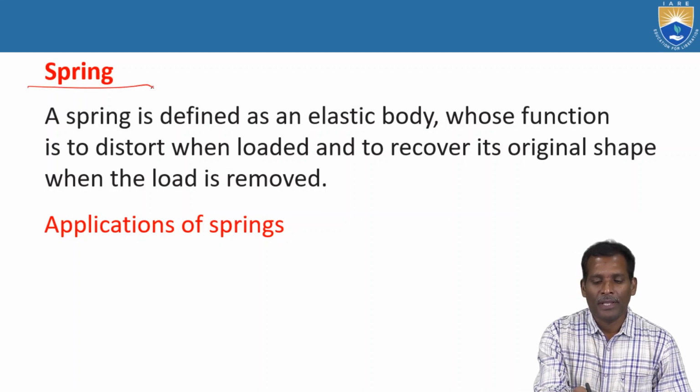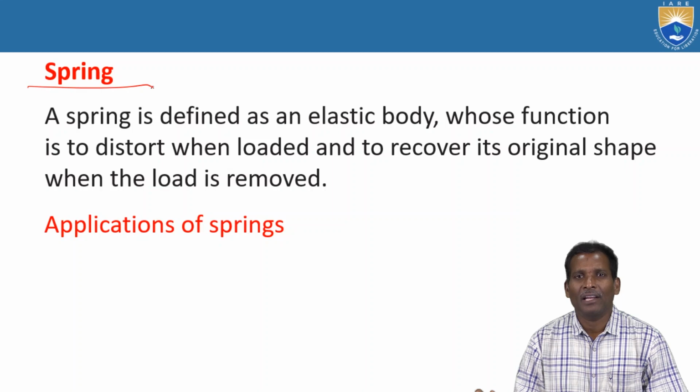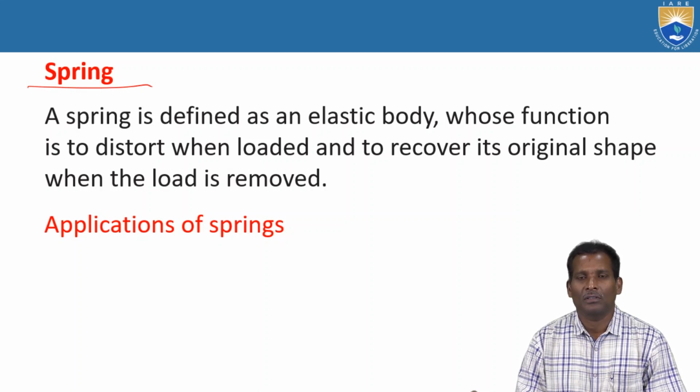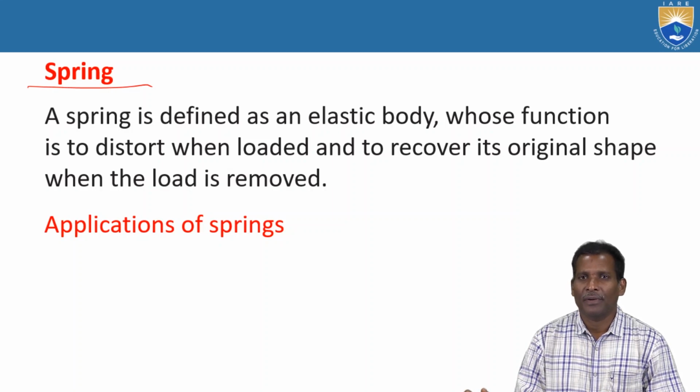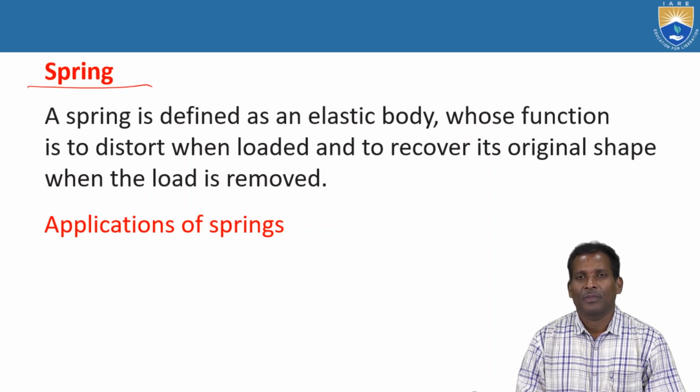First of all, a spring is an elastic body. Already you know the elastic property. When a load is applied on a material, it deforms, and whenever you remove the load, it regains its original shape. This property is called elasticity.